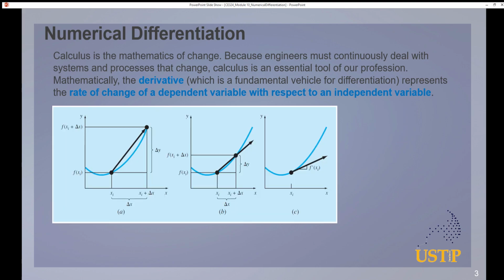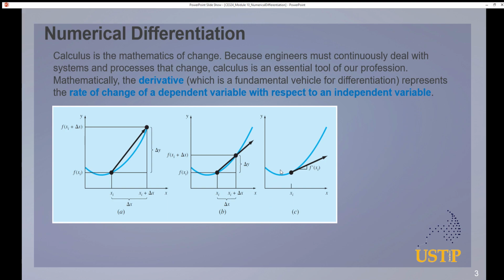There are 3 figures, A, B, C, but I'd like to start with C. I'm just discussing this based on my understanding. It's not my presentation, I'm just using this. We have the X and Y axis here. We have a blue curve, and a tangent line at a point.